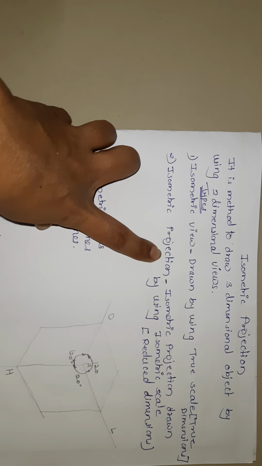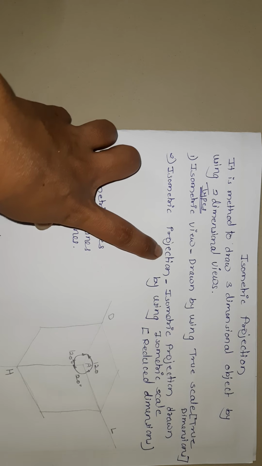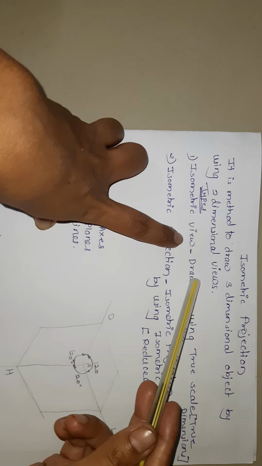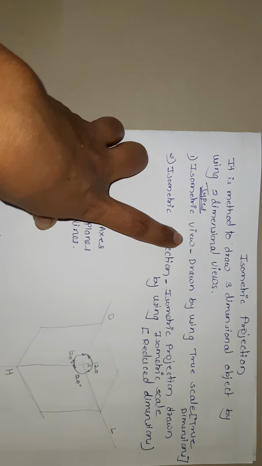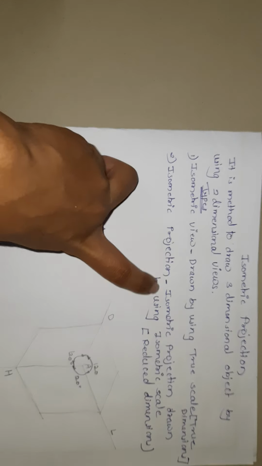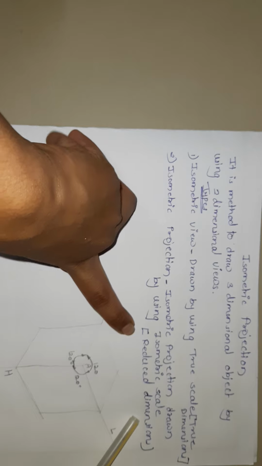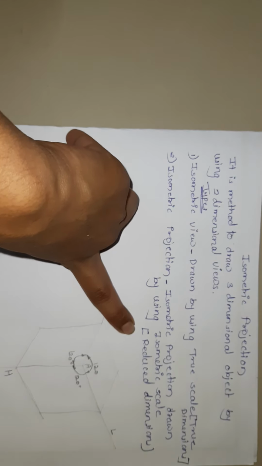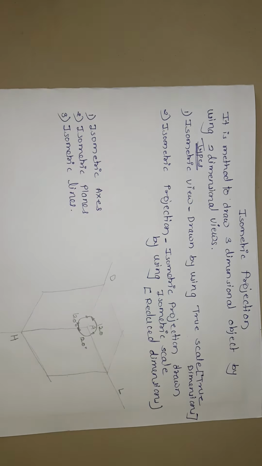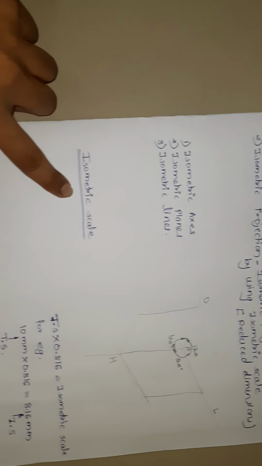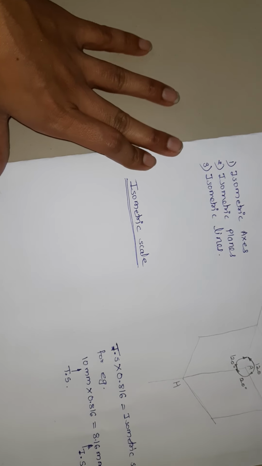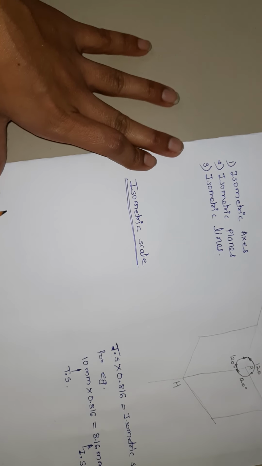Okay, if I use the original dimensions to draw isometric, then that is called an isometric view. Now how to calculate those reduced dimensions? To find out those reduced dimensions, there is the isometric scale. So how to draw this isometric scale? For that, first draw a horizontal line.